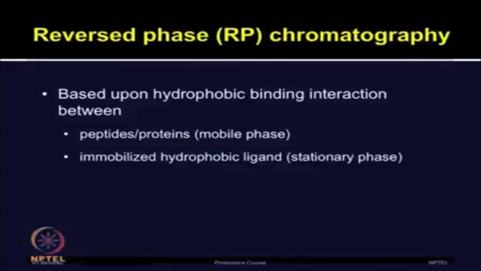In proteomics, the most commonly used method for peptide fractionation is reverse phase liquid chromatography or RPLC, which separates peptides based upon the hydrophobic binding interaction between the peptides or proteins in the mobile phase and immobilized hydrophobic ligands in the stationary phase.